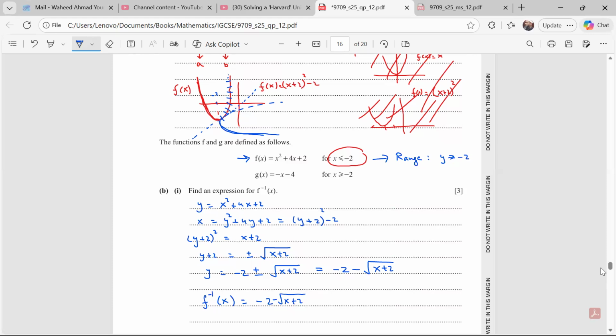So for this function, my domain is x greater than or equal to minus 2. And you can see the x is going to be negative 2 and more than that, positive values of this. So this is my inverse function and this is its domain. Okay, so I hope this part is clear.